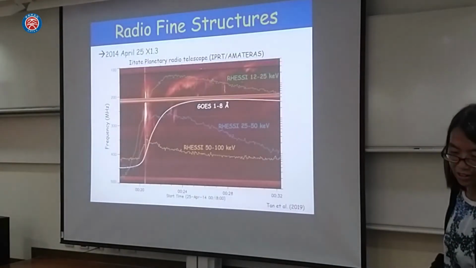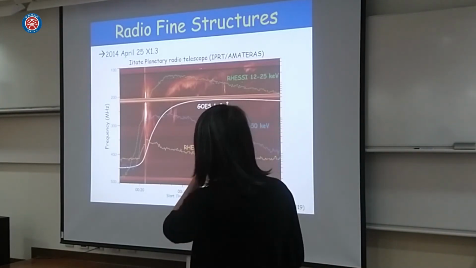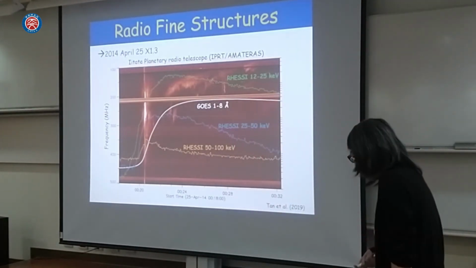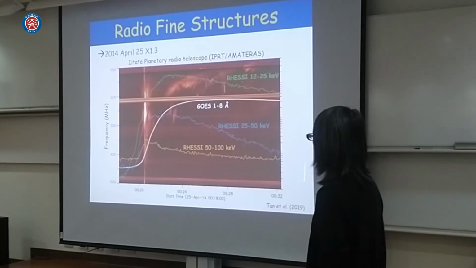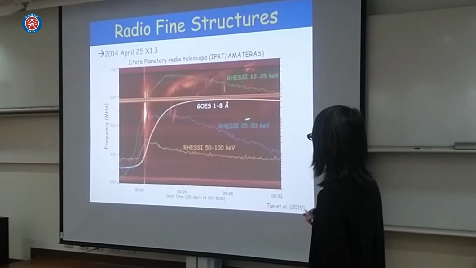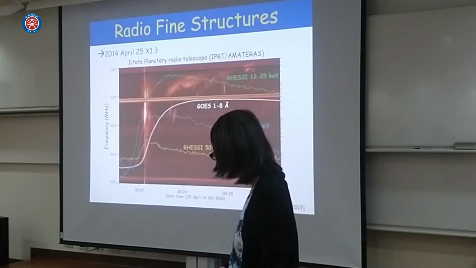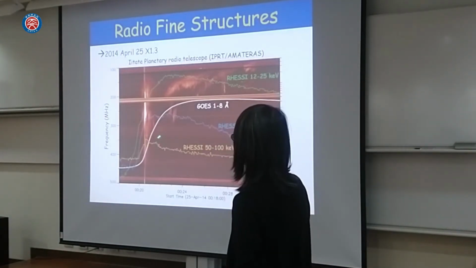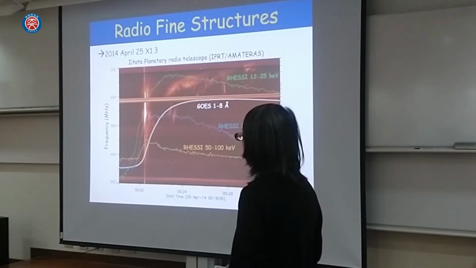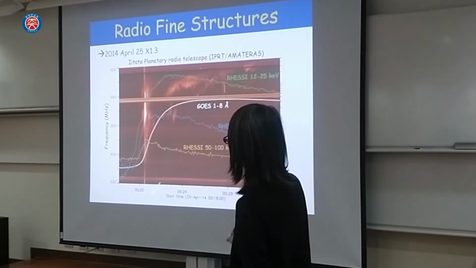Now, let me show the result of radio observation. Here is just one X-class event. The background image is the dynamic spectrum, and the blue curve indicates the soft X-ray light curve. So I say the impulsive phase, or the early stage of energy release, is here.